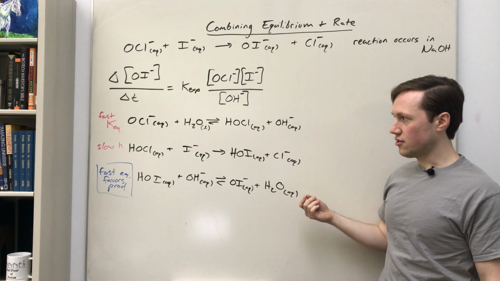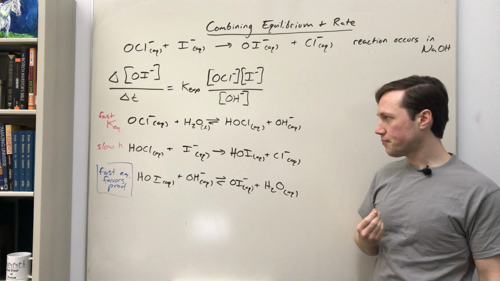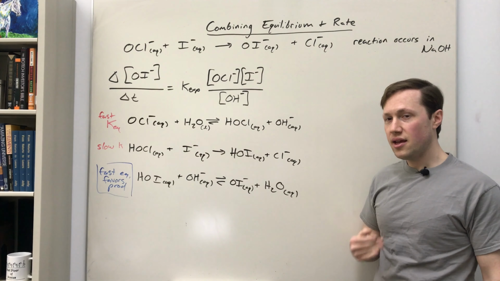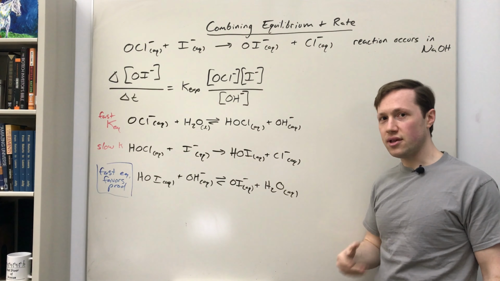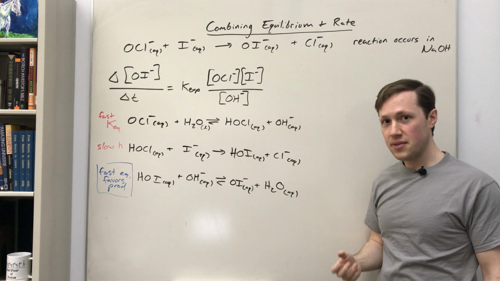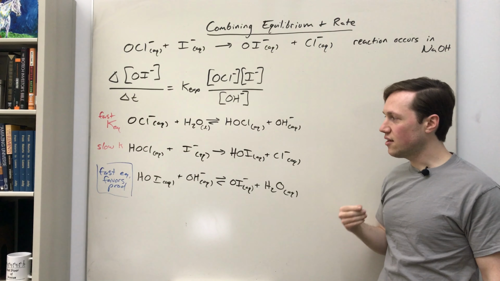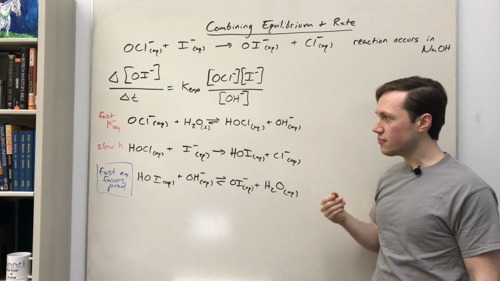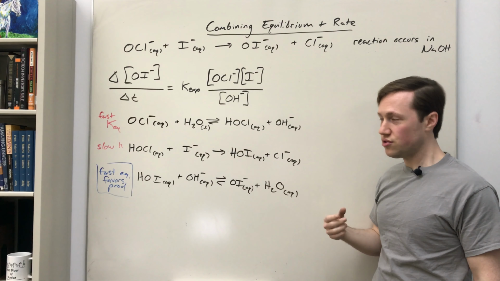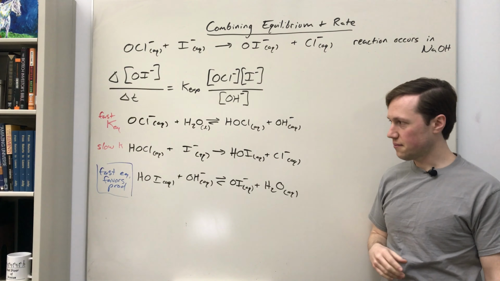Looking through this reaction set, you can already identify two things that are pretty important. One is if we were to add together these three reactions, we do get back our overall reaction. That is, this proposed mechanism does not suggest that there are going to be any reactants or products formed or consumed that are not up there. So that's good.